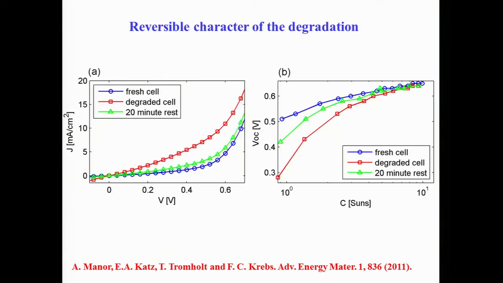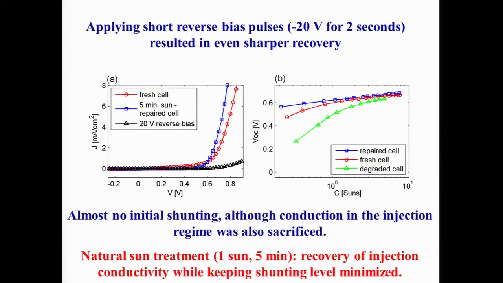You can see that after 20 minutes of rest, the dark IV and VOC versus light intensity recover. Even more interesting, if we apply 2 seconds of 20 volts in reverse bias, it gives a very nice and very sharp recovery, even better than for so-called fresh cells.